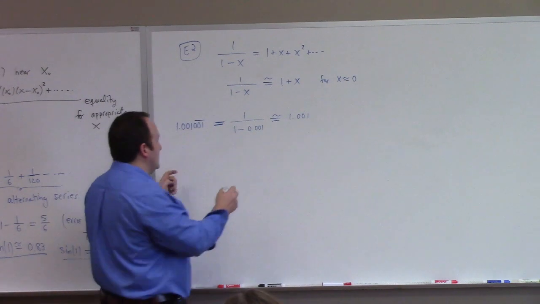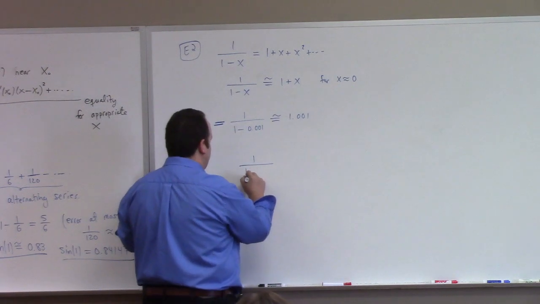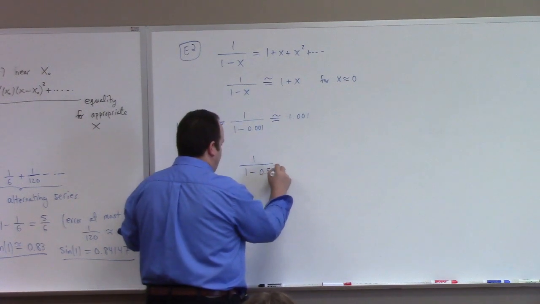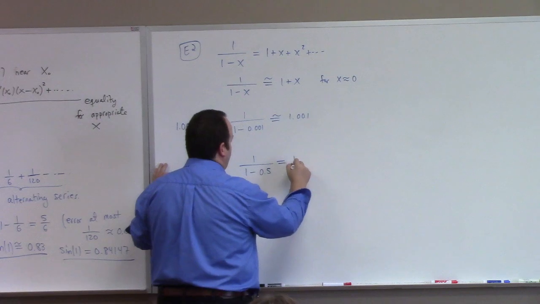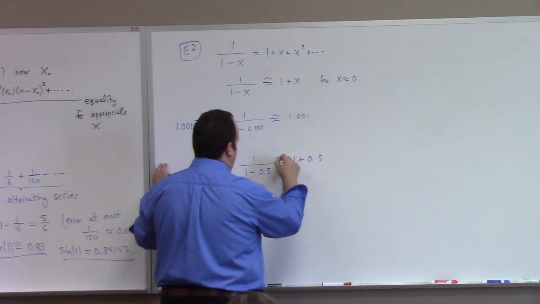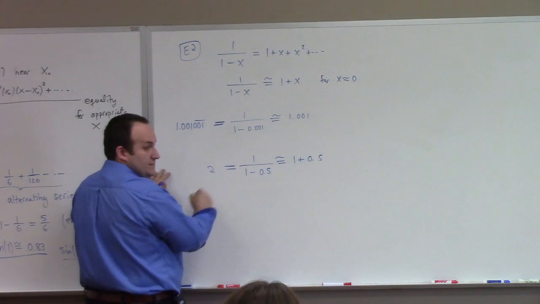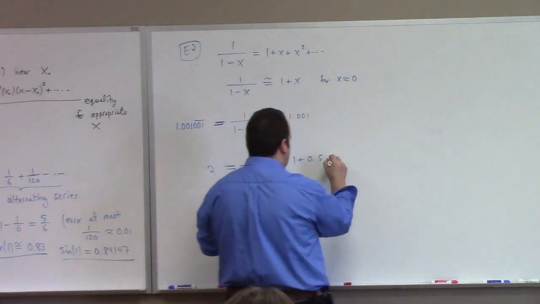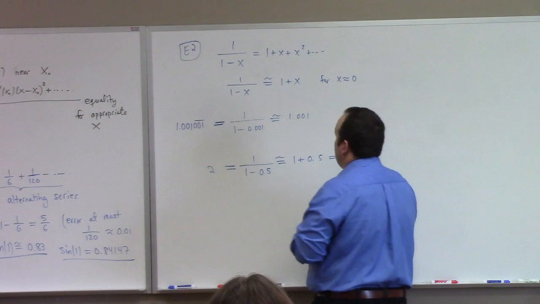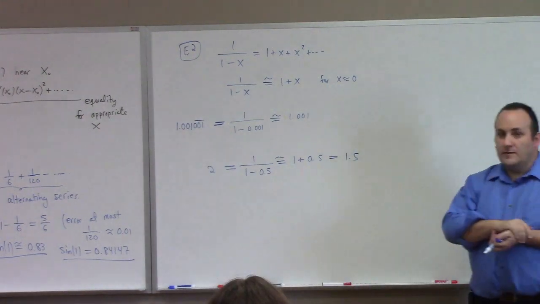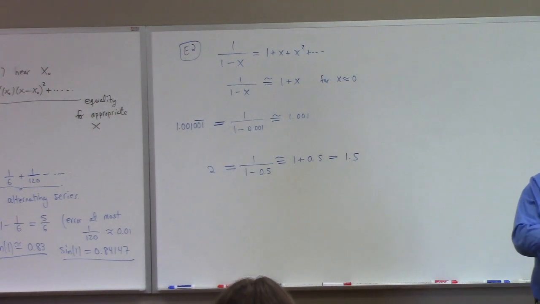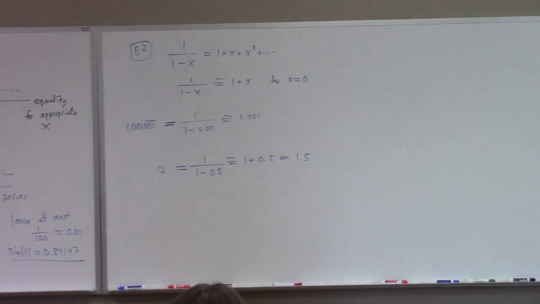Now, of course, if you try to do this for like a half, well, it's not going to be as good, is it? This is 2, and this is 1.5. So you see this approximation only works when x is really close to 0. It starts failing the further you get away from there.